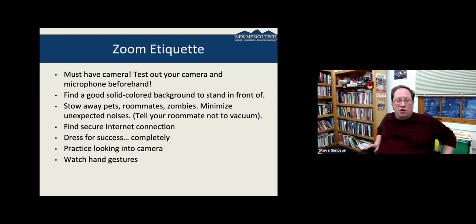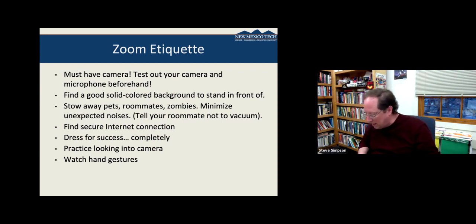Make sure that you stow away pets so that you don't have a kitty cat crawl into view. Roommates, zombies, if you have any, don't let them wander out. Minimize unexpected noises. I had a student giving a presentation for one of my classes, and her roommate decided to start vacuuming right in the middle of her presentation.